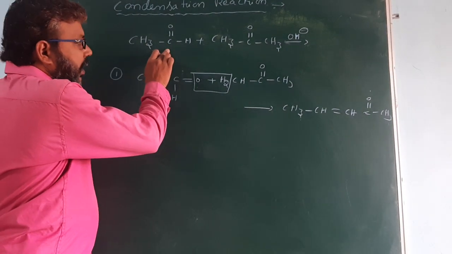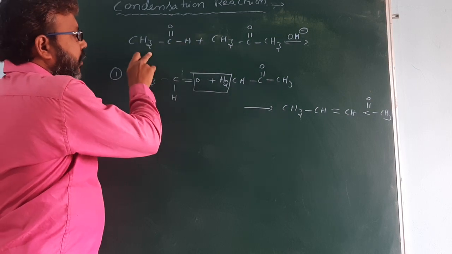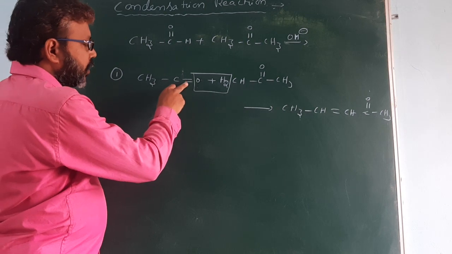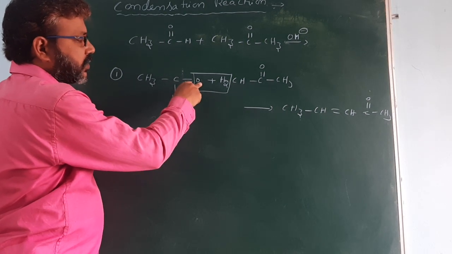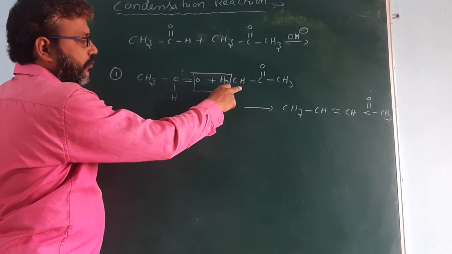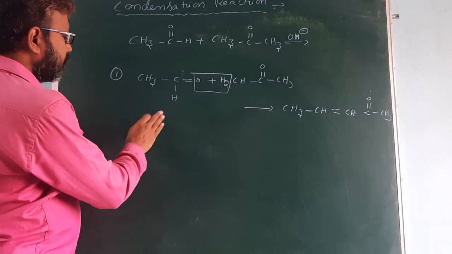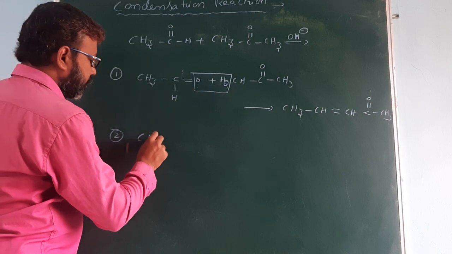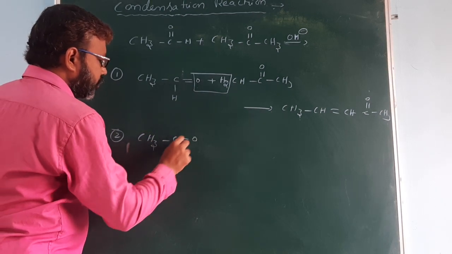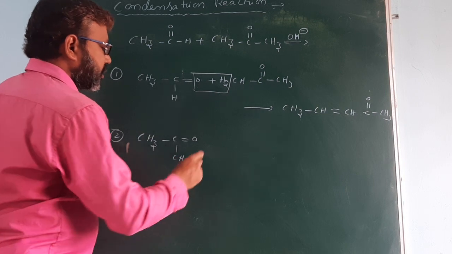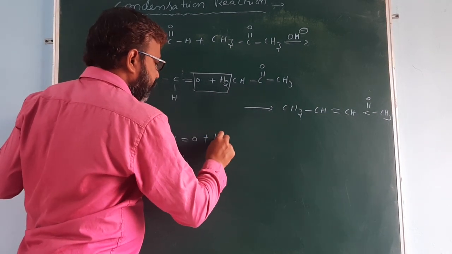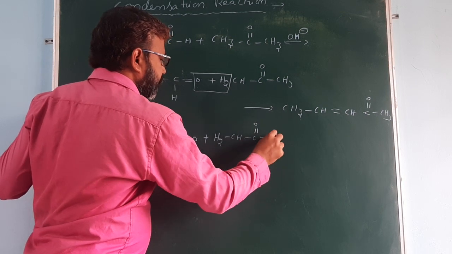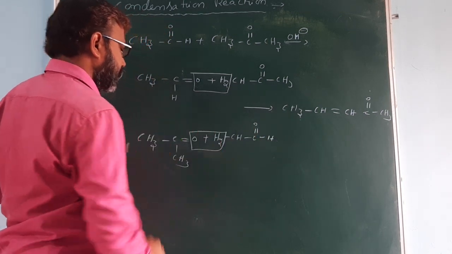So another one. So in this reaction mechanism, the aldehyde loses oxygen, acetone loses alpha hydrogen. So in the second step, acetone loses oxygen, loss of water molecule.